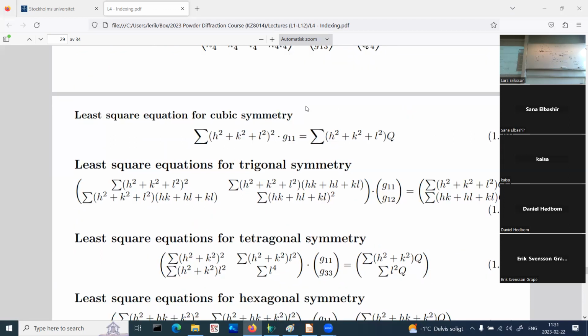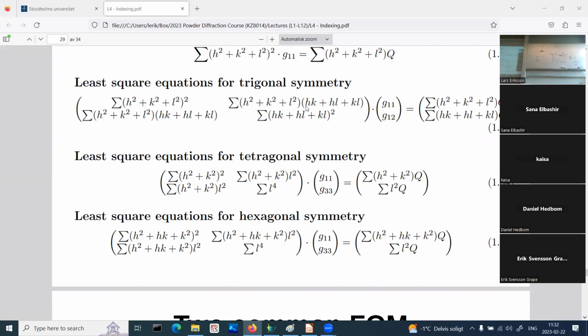I only took these from cubic. The equation system, which is only one line, is the sum over all HKL. It is very similar; we can go to maybe tetragonal.